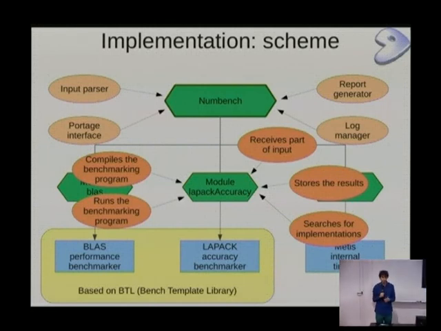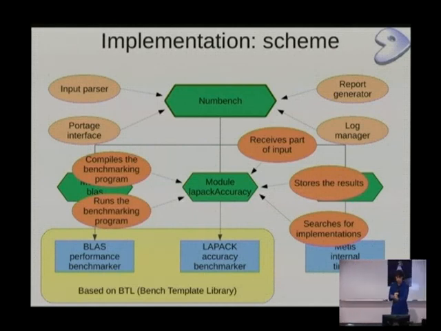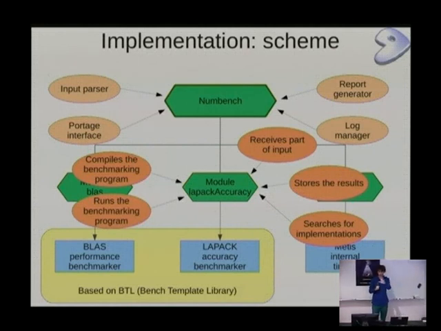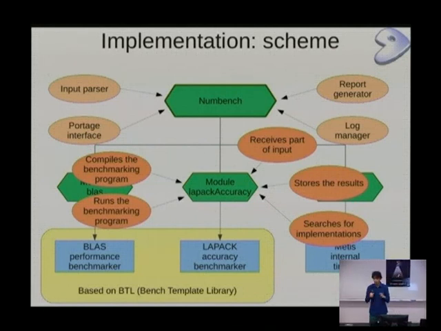Each module basically does five things. Namely, it receives some input from the main part. There is a section of the XML document in the input which is for the module. Then, before it can compile, it must search for implementations. As I said, every package can install one to many implementations.